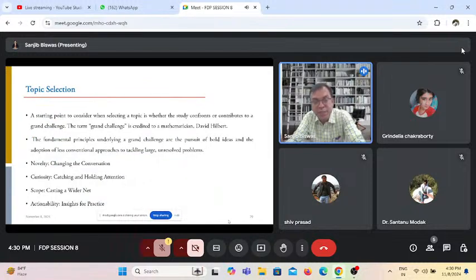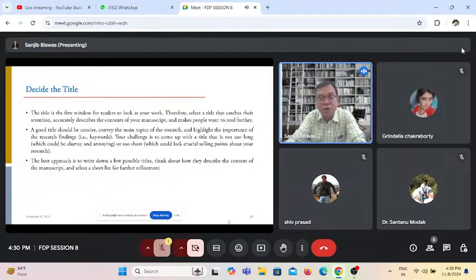For writing a research paper, with my limited experience and knowledge of publication over the last few years, and with my experience of working with some renowned scientists in this field, what I could understand is that the topic is very, very important. If the topic has no novelty, it doesn't attract the reader as well as the editor. In fact, the topic and the title must be in sync.